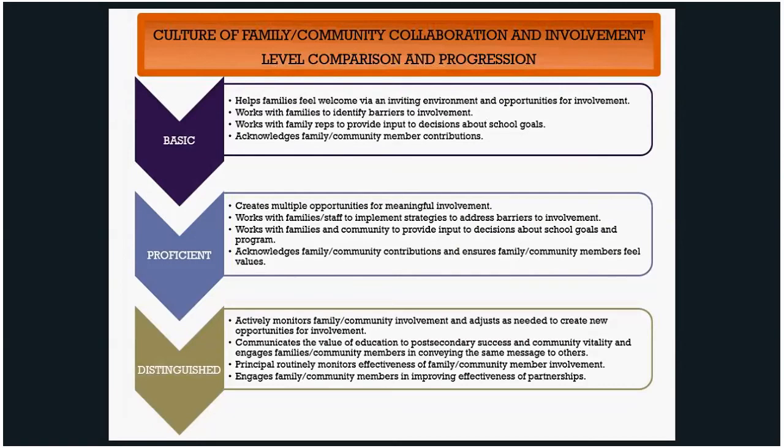And according to Epstein, Sanders, and Sheldon, effective principals recognize that involving family and the community in the education of their students has an impact on student achievement, retention rates, staff morale, and improved use of resources.